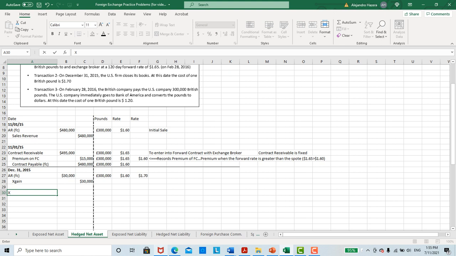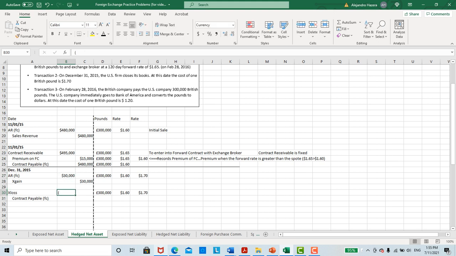So what we've got to do is record an exchange loss, and we're going to increase the amount of our liability, and the reason for that is we're giving up something which is worth more. And this entry is going to be the exact mirror image of the entry for accounts receivable.